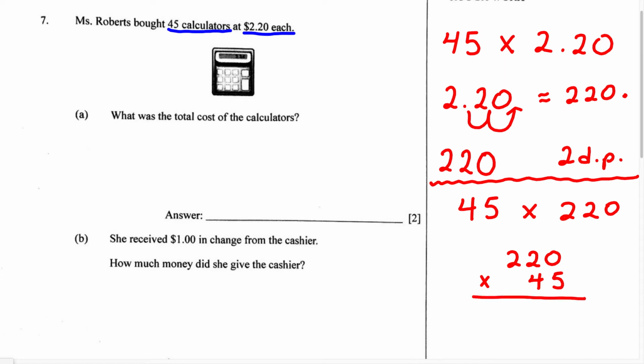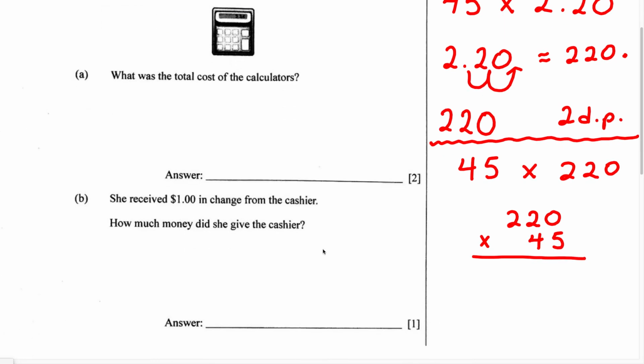Now we're just going to multiply the way we normally do. So we can say 5 times 0, that's going to give us 0. 5 times 2 is 10. We're going to put 0, carry the 1. Now we have 5 times 2, that's 10 again. 10 plus 1 is 11. Now we're just going to add a 0.